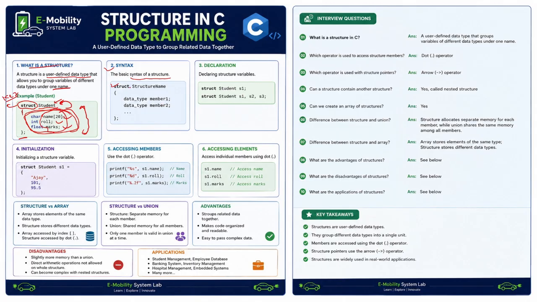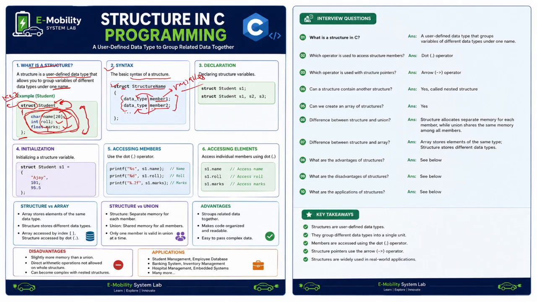Here we are using the keyword, the structure name, and then members. You are able to see the members of different data types. This is member 1, this is member 2, and before members you need to use a data type. Members are the variables, and these variables can be of different data types.